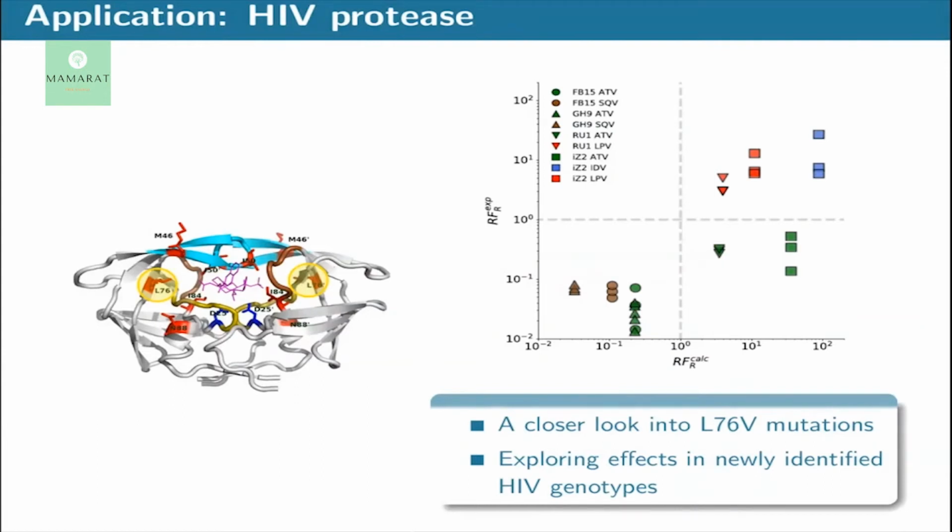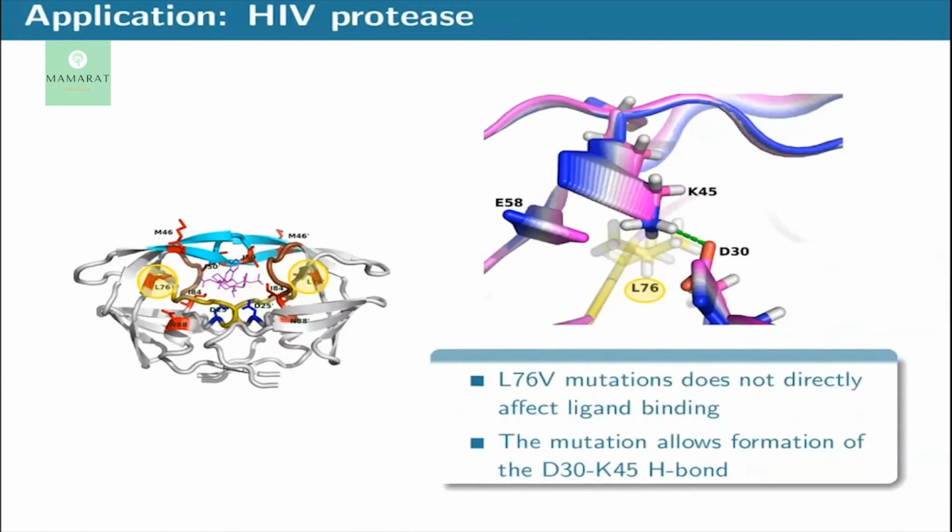And in almost all cases, except for 2 outliers, we were able to correctly classify those effects. And once we were able to classify those effects, we could also identify the underlying cause, why this resistance or susceptibility occurs upon this mutation.